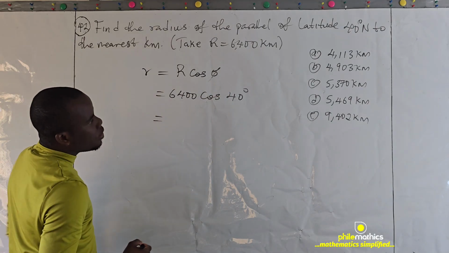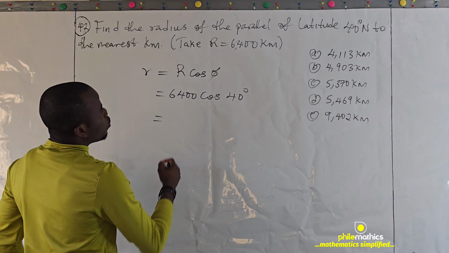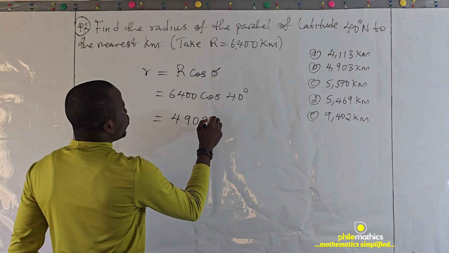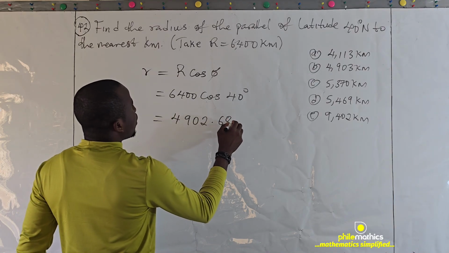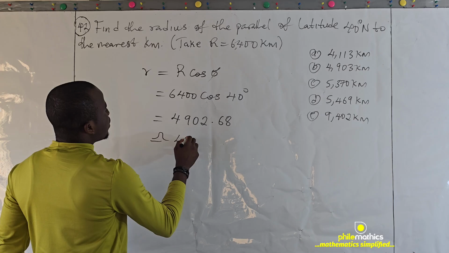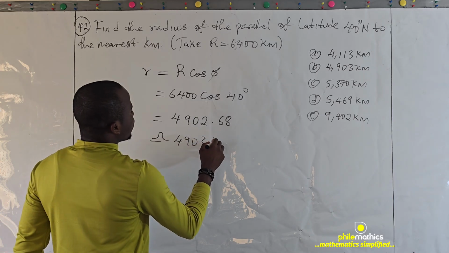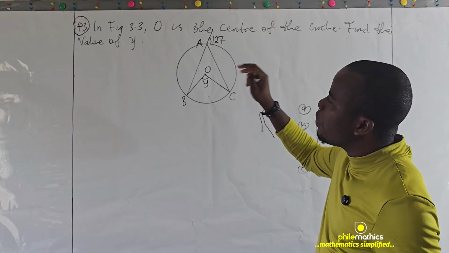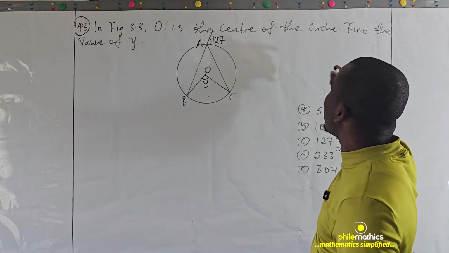And if you multiply this in your calculator, you will get 4,902.68. The nearest kilometer is approximately 4,903 kilometers. That's B.